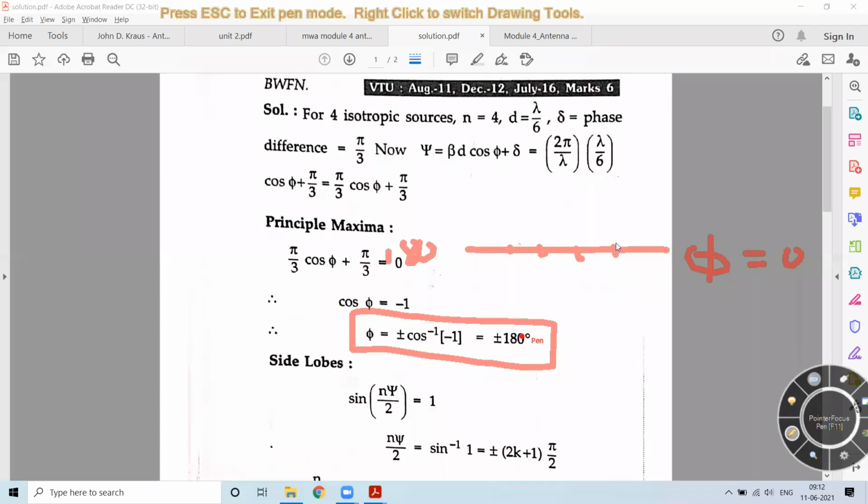If I move from this end to this end at 180 degrees, I have a peak value, and at minus 180, it implies that you are moving in the clockwise direction. That is, from this point to this point, it will give you minus 180 degrees. So only along this direction am I having a maximum for this case.